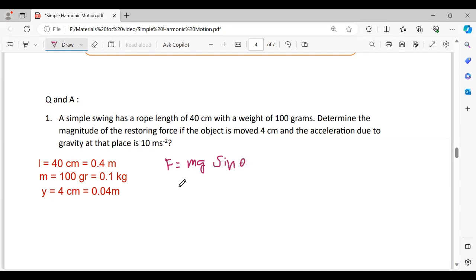So it becomes M 0.1 times G 10 times sine theta. We can convert sine theta to y over L.